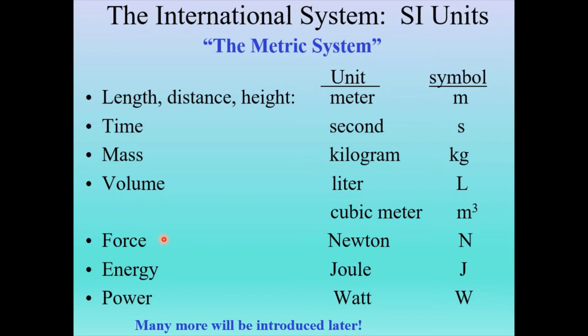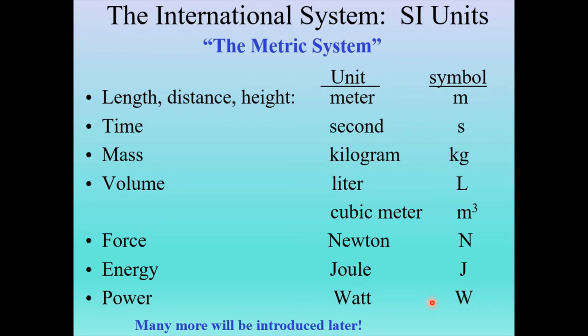Later in the course, we'll learn about force, and force is measured in units of newtons, which is symbolized with an N, for Newton. Energy will be measured in units of joules, which has a symbol of J. Power has the unit of watts, which has a symbol W. This is actually kind of a short list.